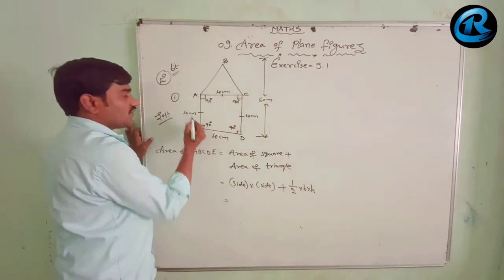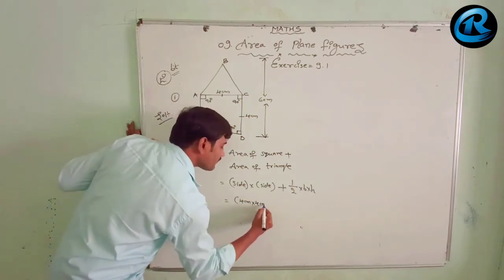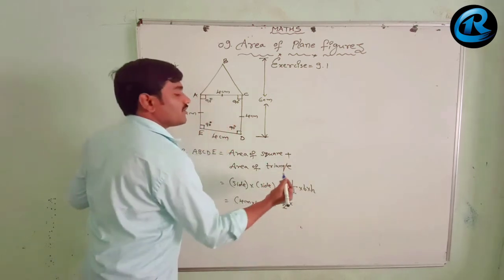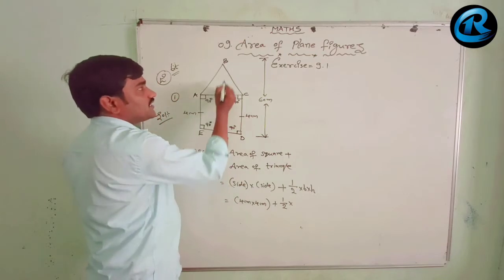The side into side is 4 centimeter into 4 centimeter, plus 1 by 2 into, here comes the problem. What is the base and what is the height of the triangle? The base is 4 centimeter.